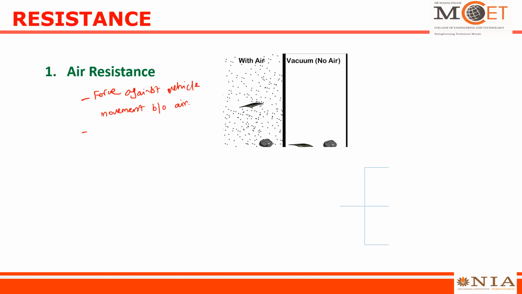The performance, ride and stability of a vehicle depend on the size and shape of the body of the vehicle. So the area of the vehicle majorly influences the air resistance. I mark it as an influence parameter.